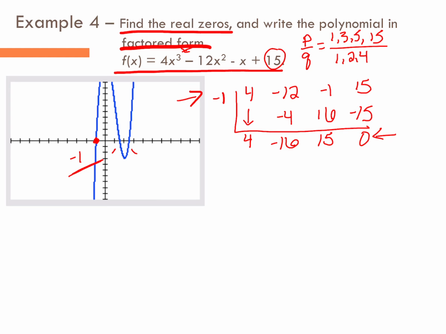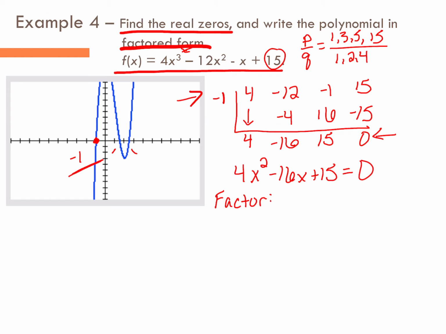What we're going to do here is you're going to have 4, put in our x's. Since I started with x cubed, it's going to be 4x squared minus 16x plus 15 equals 0. To find our other 2, I need to factor this. So you're going to have to remember your factoring.